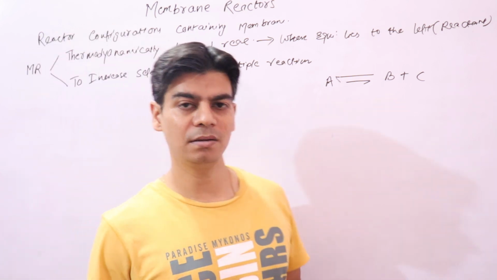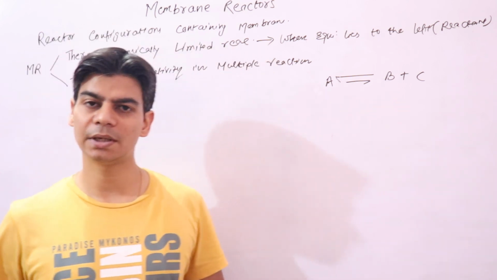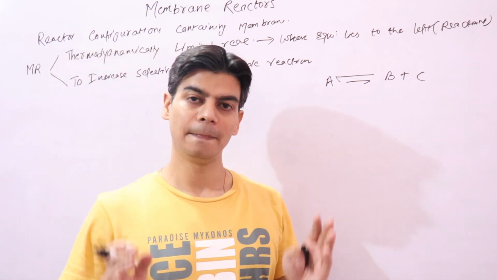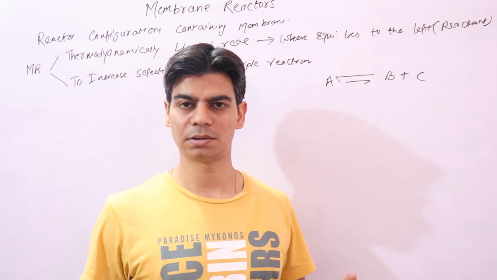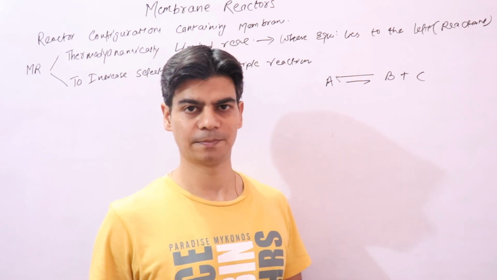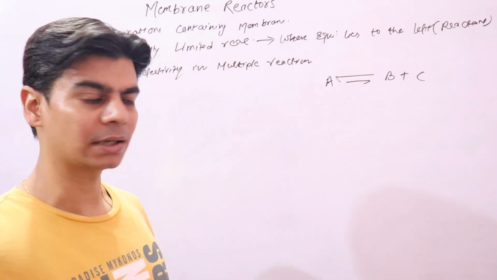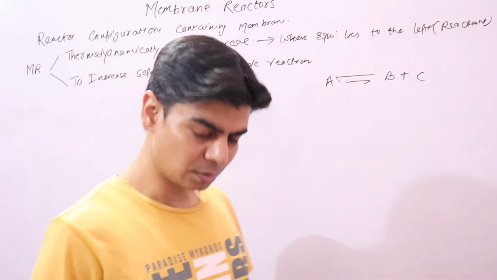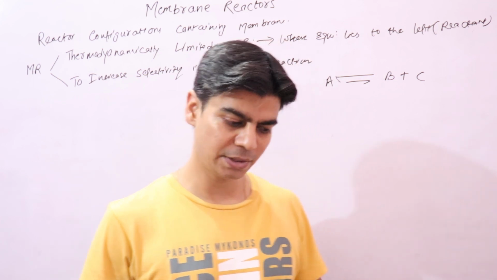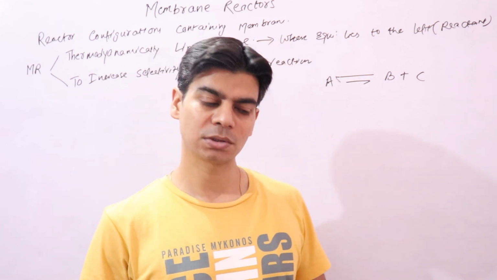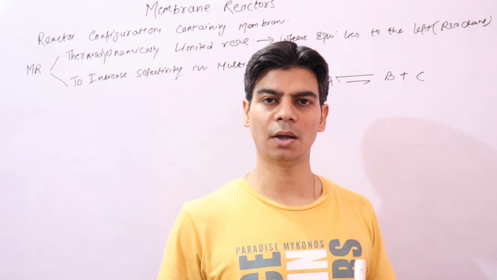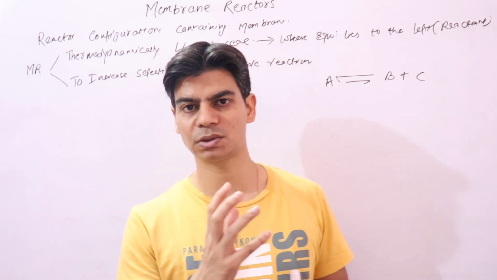And there are many reactions where this situation can occur. So what you do is you do these types of reactions in membrane reactors that contain membranes. As we said, a membrane contains pores, and they will only allow particles of specific size to pass through it.